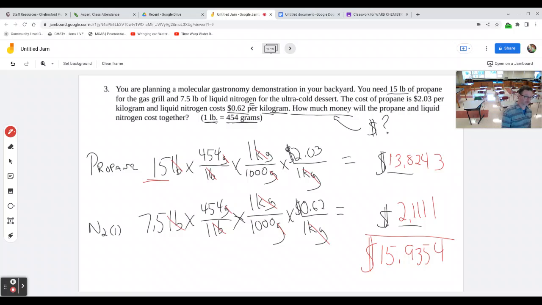So that means my answer ultimately can't have any decimal places, because the rule for adding and subtracting says you go to the least common decimal place, which is the ones place from our original two numbers. So even though I carried all the decimal places through here, at the end I have to go back and find the weakest link in the chain as far as adding and subtracting. It was that number, which has 0 decimal places. So my answer can't have any decimal places. So my final correctly rounded answer is $16 total.